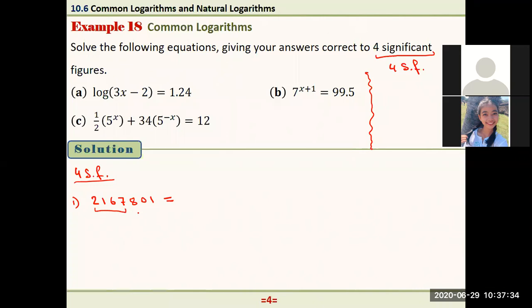And the rest, if these numbers are after the decimal point, we have to round off. If it is just part of a whole number, we convert them into 0. When we are doing this, after this number, what is the next digit? It is 8. If it is greater than 4, we just add 1 to the previous digit, right? Otherwise, just change them into zeros. So if I change this into correct to 4 significant figures, the answer would be 2, 1, 6, 8, 0, 0, 0.